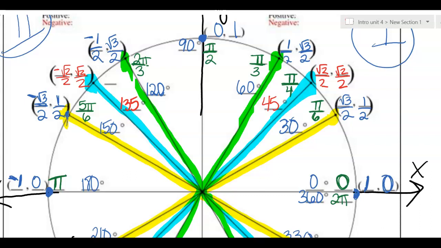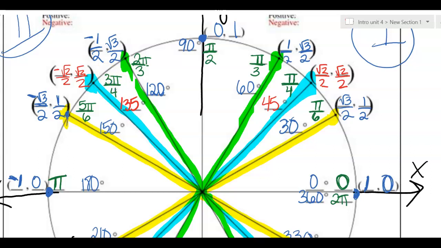Okay, so I'm going to count around the top by fourths, and then I'm going to let you guys try to figure out the bottom half of the circle in radians. So this would be 0. This would be 1/4 pi. 90 would then be 2/4 pi, but again, that reduces to be 1/2. That means 135 would be 3/4 pi, so 3 pi over 4.